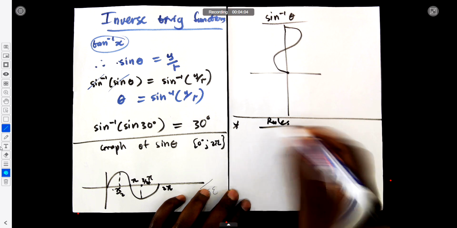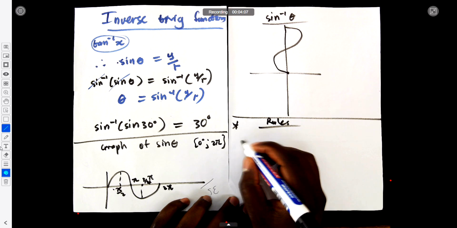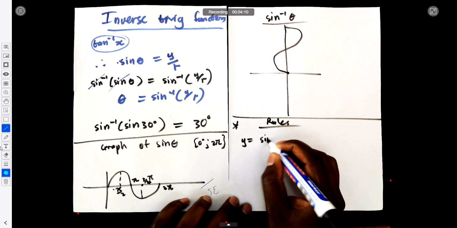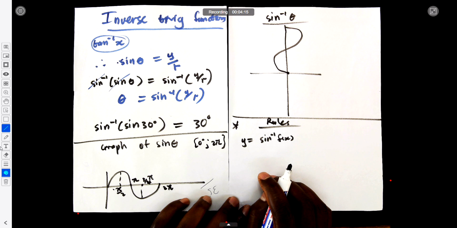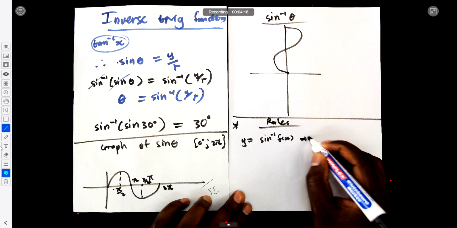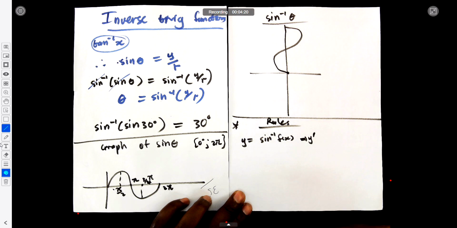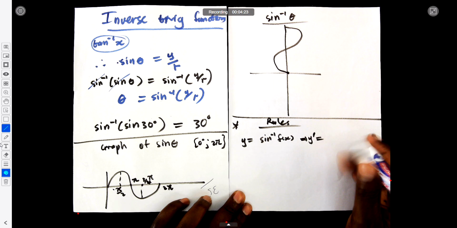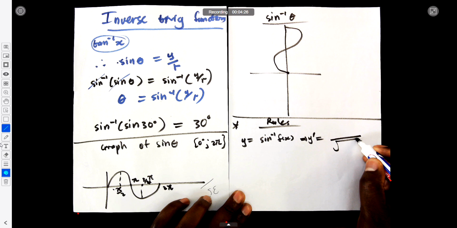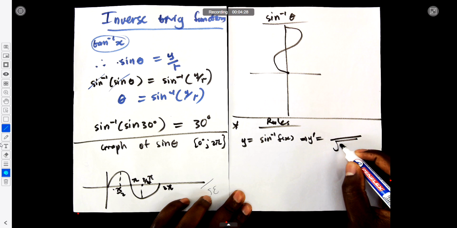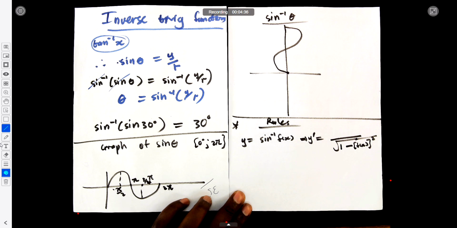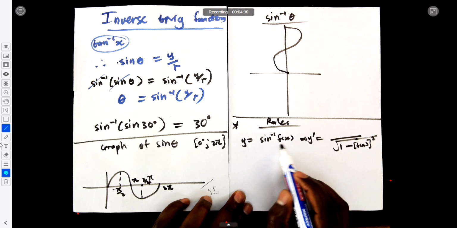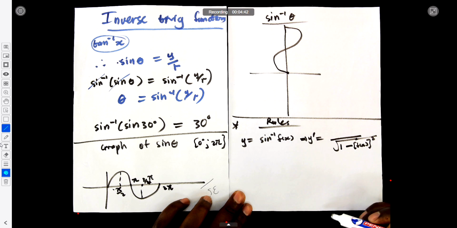If we have to derivate, for an example, arcsine of f of x, we can use x or f of x, but dy over dx for that function, y prime equals: the rule says you're going to have in the denominator the root of 1 minus the function inside the sine all squared, f of x all squared, inside the root.